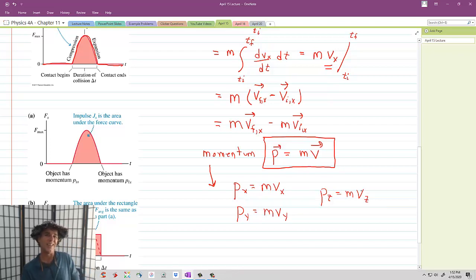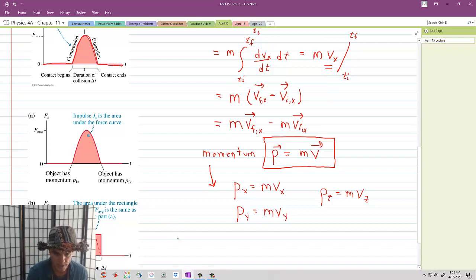The other thing is momentum is mass, which is a scalar, which is always positive, times velocity, which is a vector. Well, when I multiply a vector by a positive scalar, I could increase or decrease the length of the vector, but it doesn't change the direction.